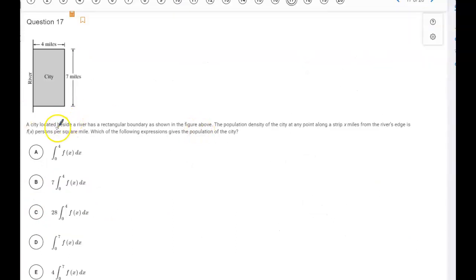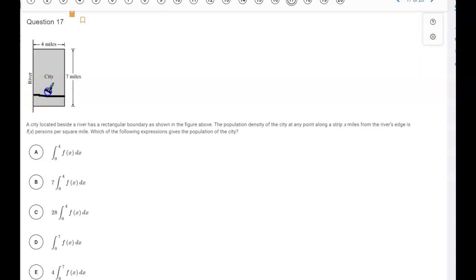All right, so for question 17, a city is located beside a river and it has a rectangular boundary to it. The population density of the city at any point along a strip X miles away from the river's edge. So any distance away from the river, I guess, would be like this, right?